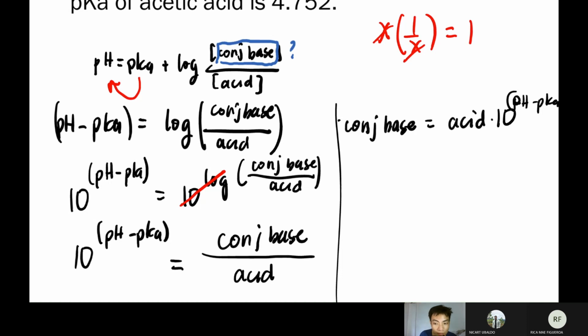Ang rule sa logarithm ay gagawin mo siyang exponent. So, kunwari yung 10, ginawa mong exponent yung log, dun sila magka-cancel out. Pag yung log naman, ni-raise mo sa 10, dun lang din sila magka-cancel. So, ganun yung batas sa exponential functions.